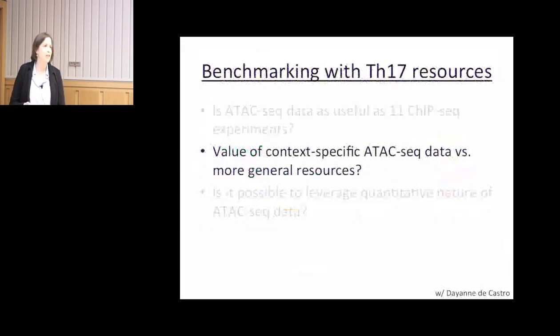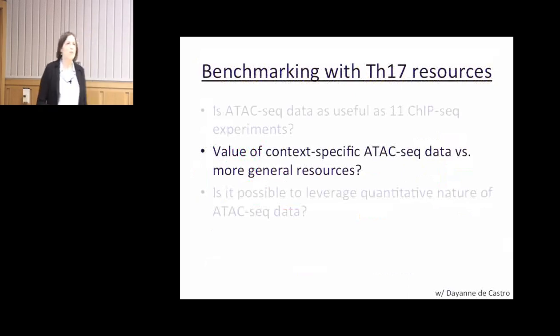One of the second questions we were interested in asking when we were doing this Th17 benchmarking was, what if you didn't have any ATAC-seq measurements done for the same experimental conditions? Could you pull in more general resources? So we constructed two what I would call generic priors.